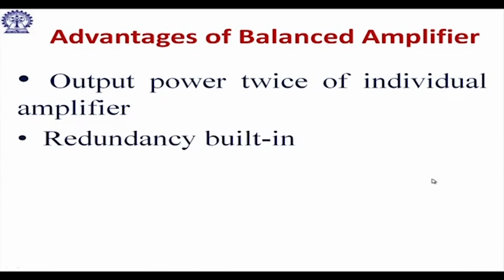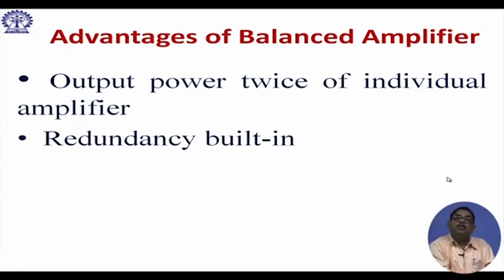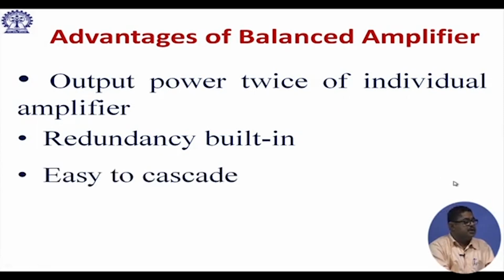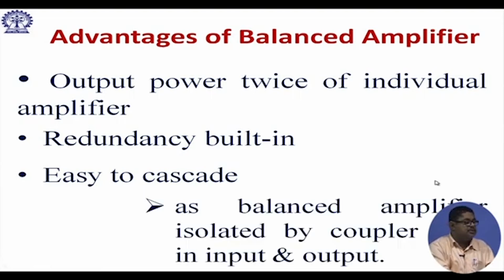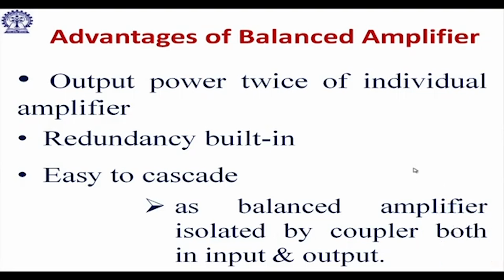Now, also you have seen that redundancy is built in, I degrade my performance if one fails, but the whole thing is usable because still amplification goes on. Easy to cascade also, because you have couplers on both sides. So, you have good isolations, we know directional couplers have good isolations. So, as balanced amplifier is isolated by coupler both in input and output, you get good cascading property also.